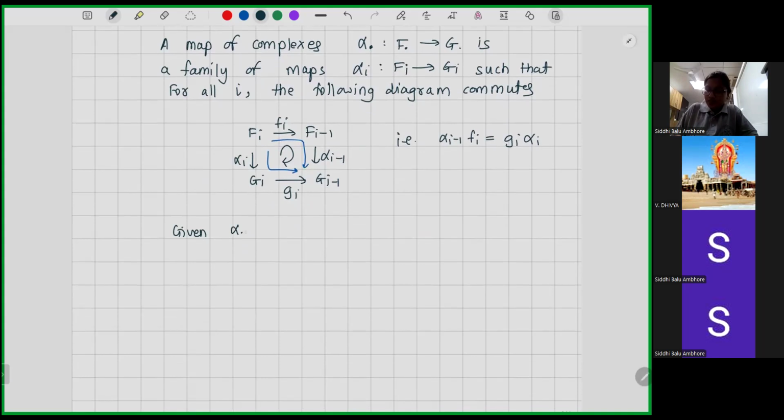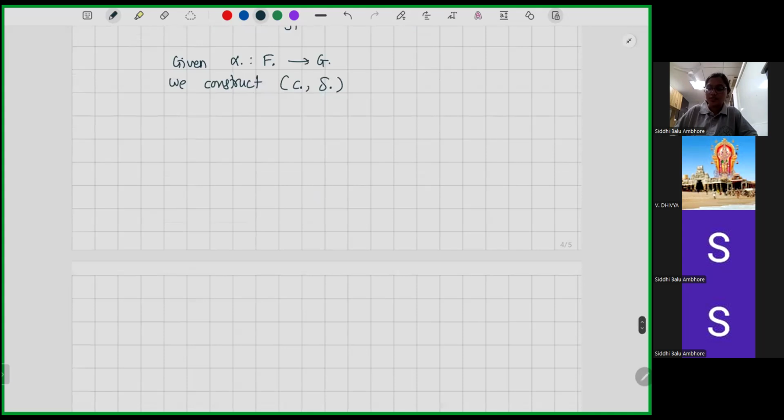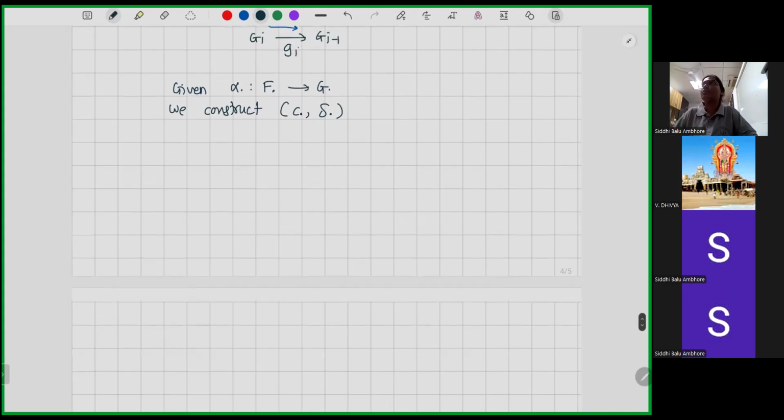Given alpha dot from F dot to G dot, we construct C dot comma delta dot. Again, this delta dot is a collection of maps from Ci to Ci minus 1. We define this as follows: C0 is G0 here.